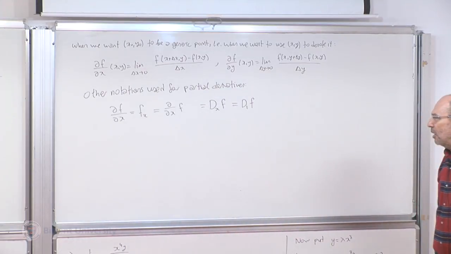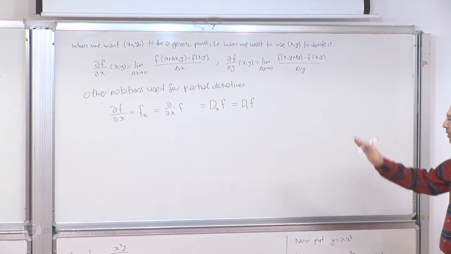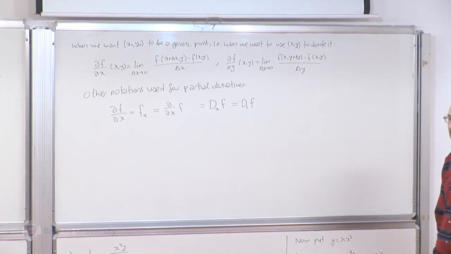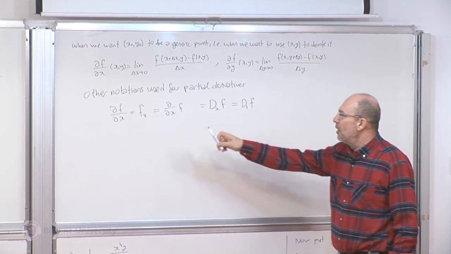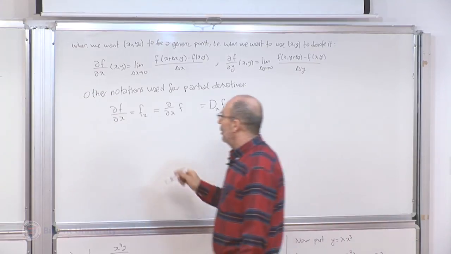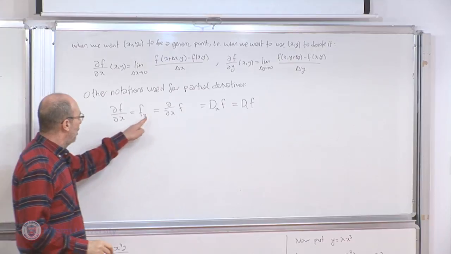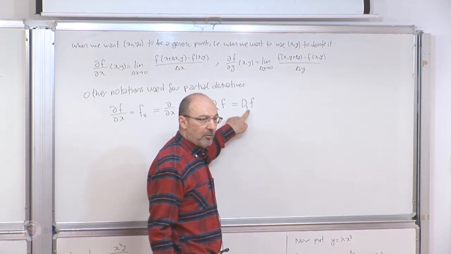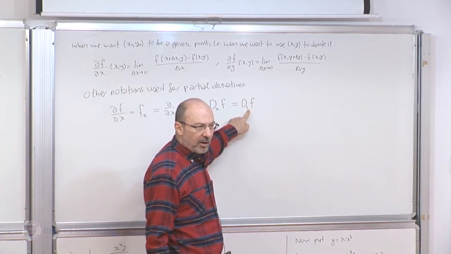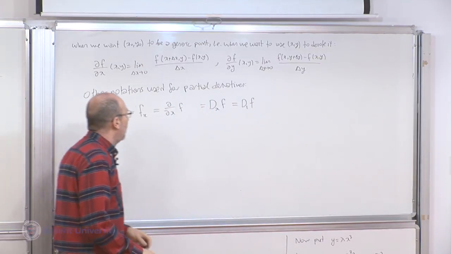These are the notations that come to my mind. Most of the time, you understand from the context that the notation refers to a partial derivative. You have the same similar thing for the derivative with respect to y. I'll not repeat it. You just put y here, except that now y is the second variable, so you put 2 here.